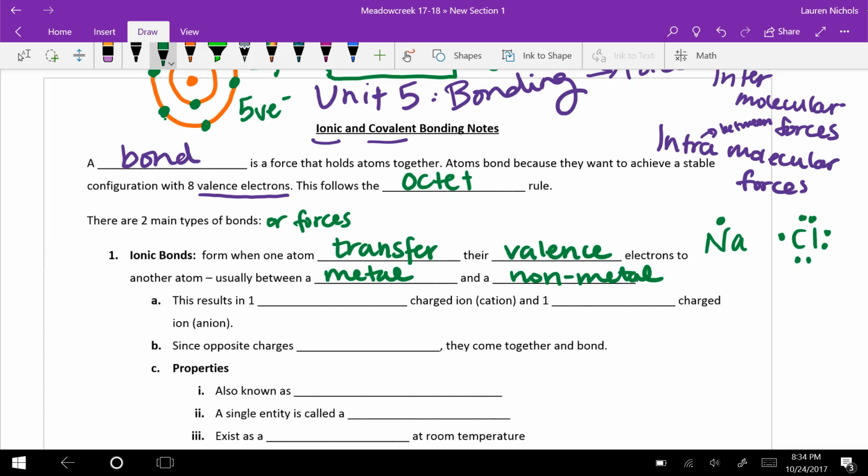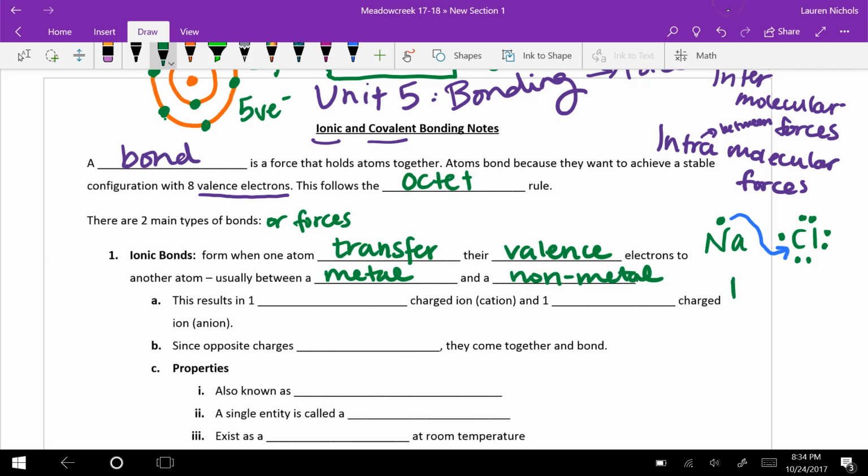And sodium and chlorine have such different electronegativity values, or the ability to attract those electrons, that sodium is going to donate its valence electron to chlorine. It has a low electronegativity and a very low ionization energy. It wants to get rid of that valence electron, and chlorine wants to have that full 8.